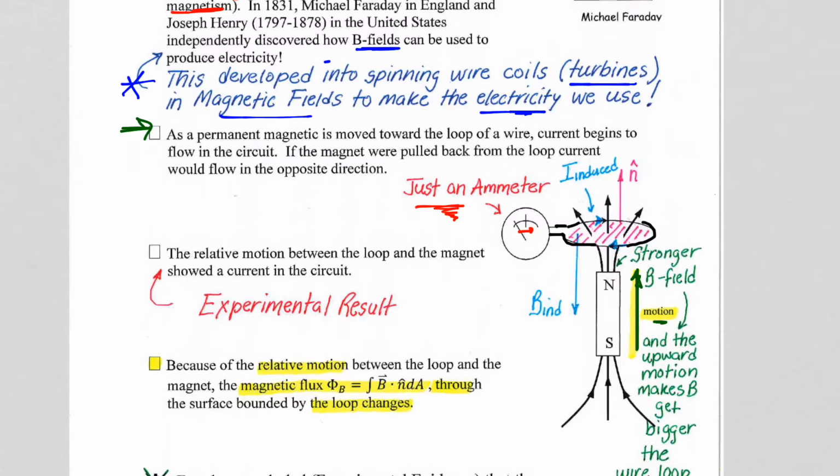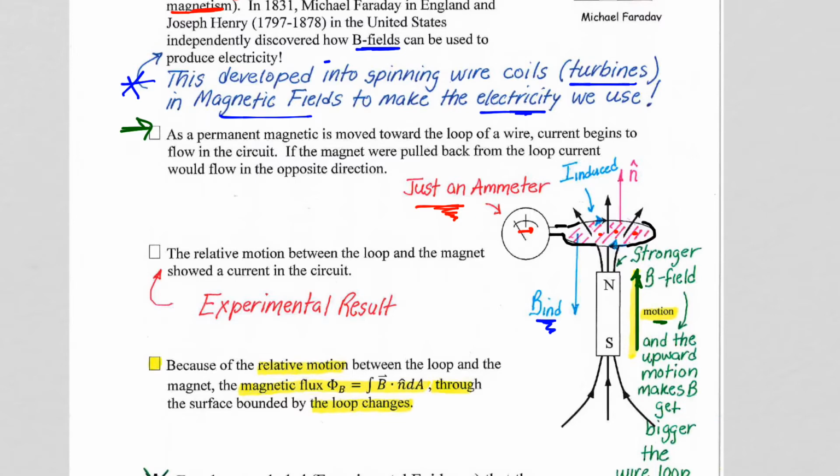As the magnet is moved up, points here are seeing stronger B field values. Nature is going to fight for the status quo. Nature is going to try to keep that B field from getting stronger by making what is called an induced B field from an induced current.